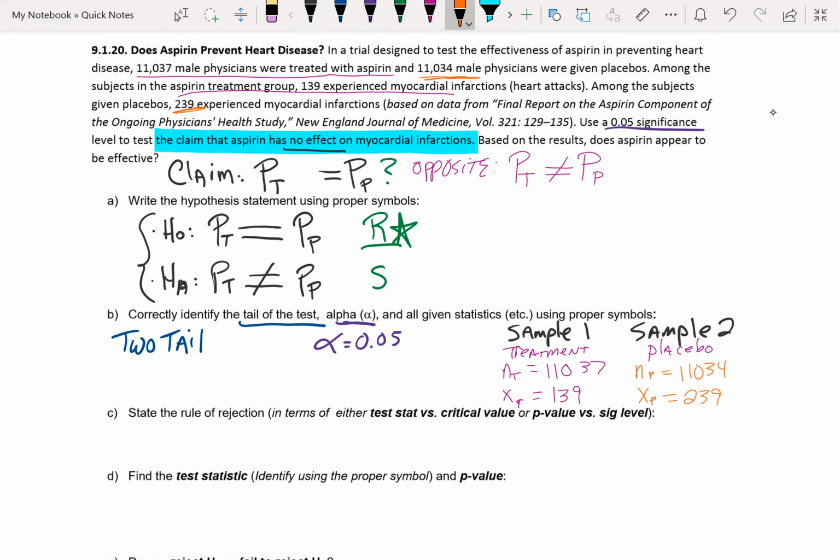So our sample sizes were about the same, but there does look to be a difference there. The number of heart attacks in the placebo group, not quite double, but 100 more than that. But that doesn't matter. How we feel about it doesn't matter. We want to go ahead and see the likelihood, if these two proportions were equal, of getting such results.